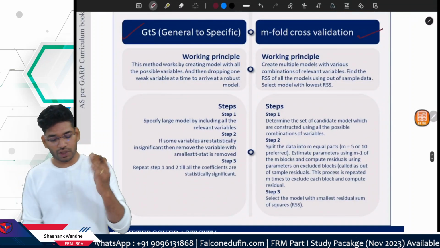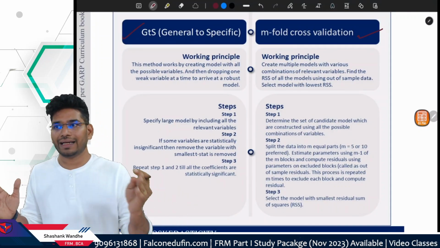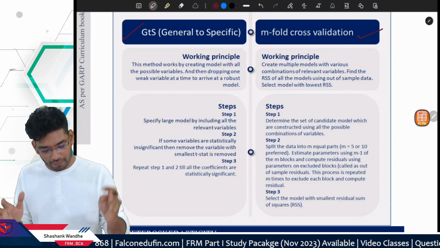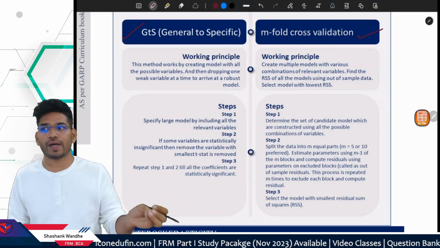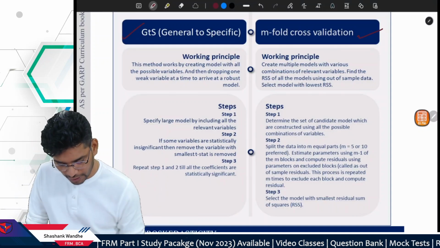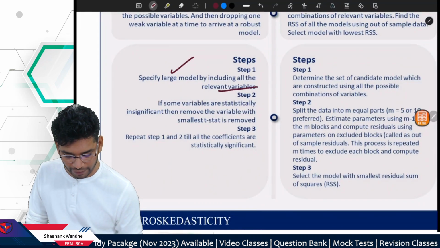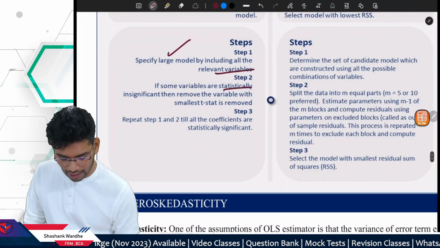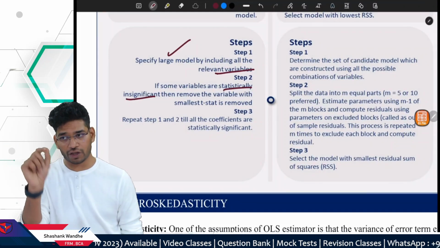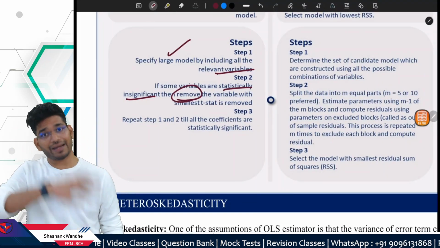Just read out what is given. Now GTS, the general to specific model. Build a large model and keep dropping one variable at a time, which has the lowest explanatory power, based on the t-stat. So the steps are very simple. Specify a large model by including all the relevant variables. If some variables are statistically insignificant, focus on the word insignificant, remove that variable one at a time, then construct the model again.